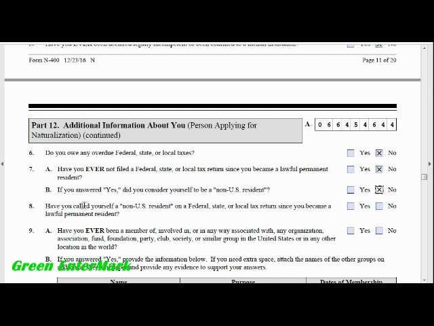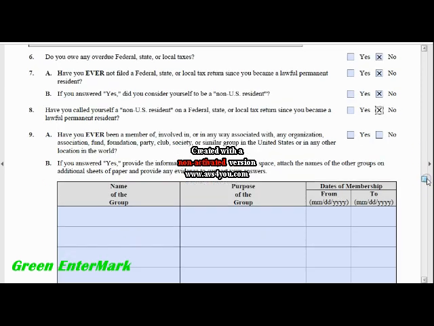No. Have you called yourself a non-US resident on a federal, state, or local tax return since you became a lawful permanent resident? No. You never say that you are a non-US resident. If yes, you have to provide all the details.